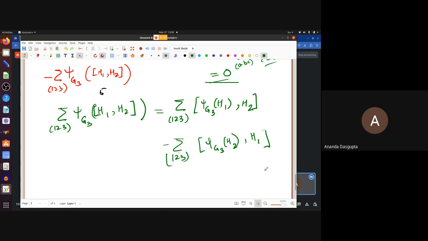Remember, G1, G2, G3, H1, H2, H3 are arbitrary elements of small g and small h, respectively. So instead of G1 and G2, I could have taken the identity, that is 0, right? I could have chosen them to do anything. So I could have chosen them to be 0.